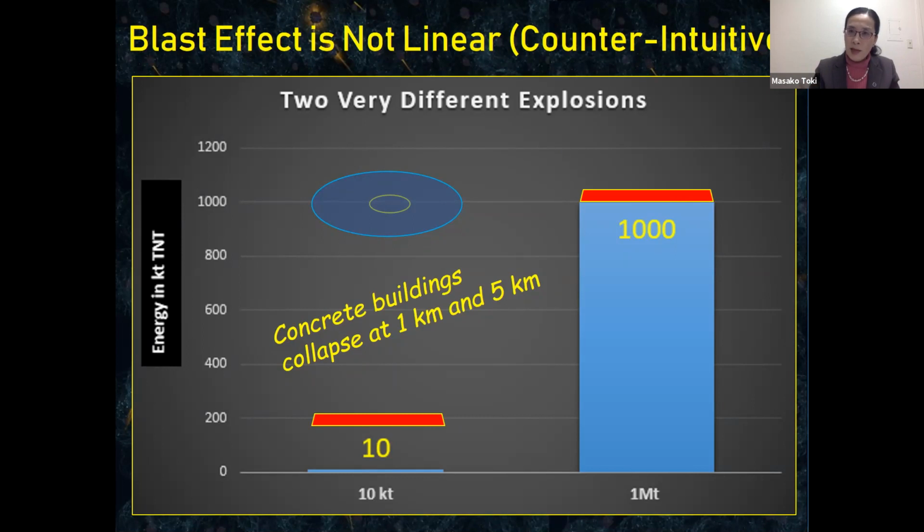So for example, if you were told by someone who advocates that low yield nuclear weapons are usable, that they don't do a lot of damage, that it's just an effective war fighting tool or something like that, how would you respond to that kind of statement?